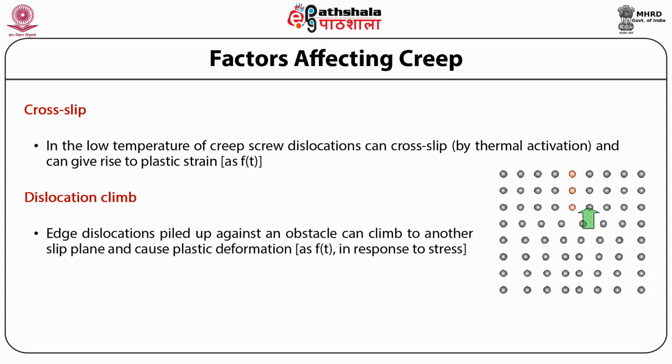Edge dislocations piled up against an obstacle can climb to another slip plane and cause plastic deformation as a function of temperature in response to stress. The rate controlling step is the diffusion of vacancies. Now this is well described in the figure given below.